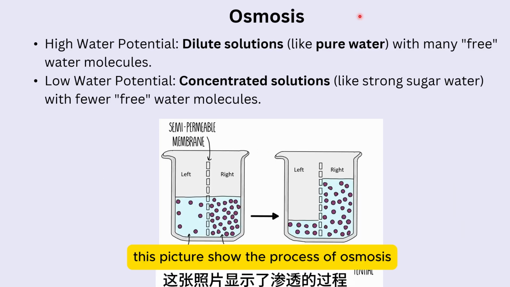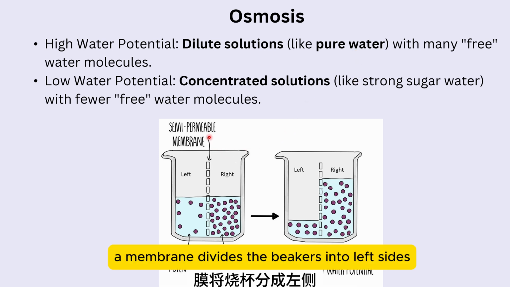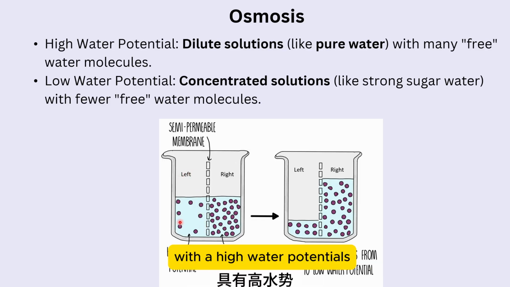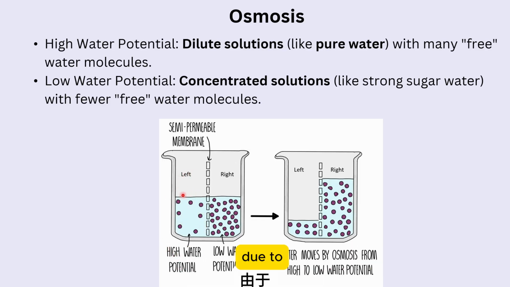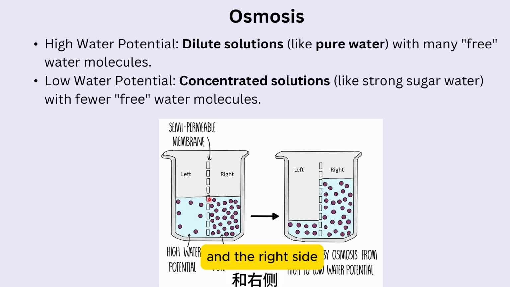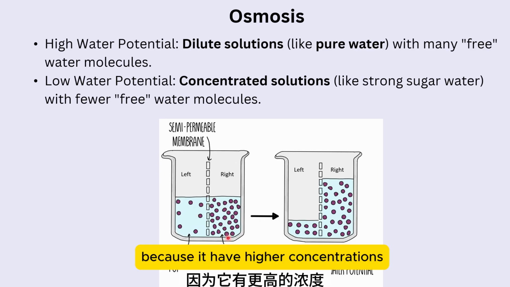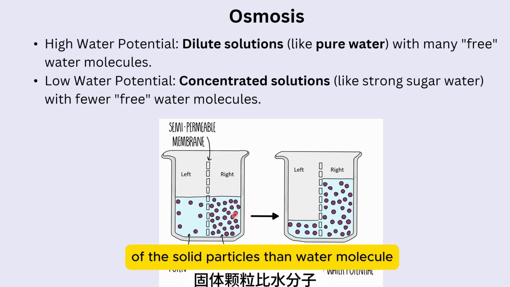The picture shows the process of osmosis. A membrane divides the beaker into a left side with high water potential because it contains more water molecules than solid particles, and a right side known as low water potential because it has a higher concentration of solid particles than water molecules.